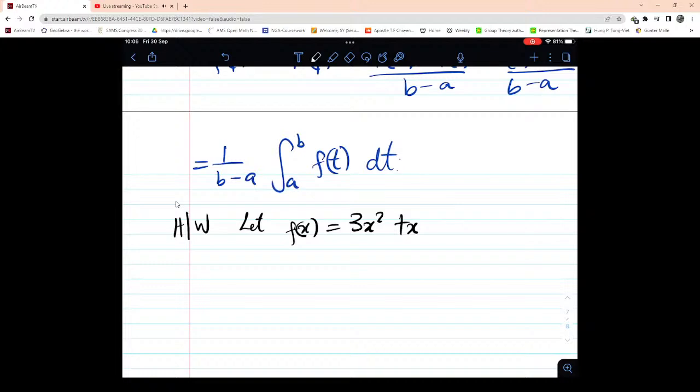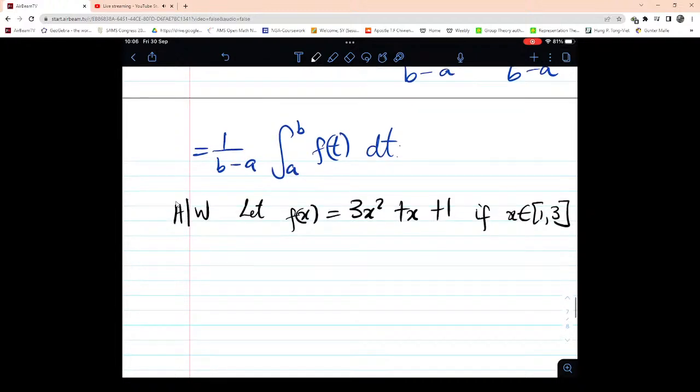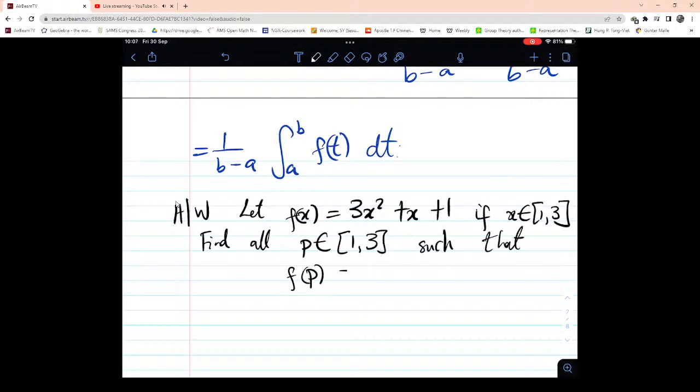So suppose you've got that, which is defined on the interval 1 to 3. So you want to find all points P such that f of P is the average.